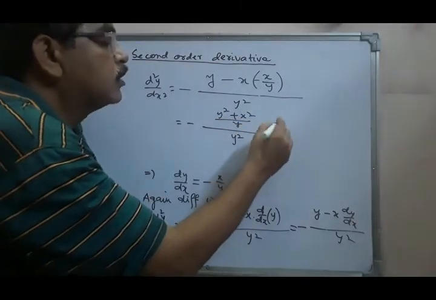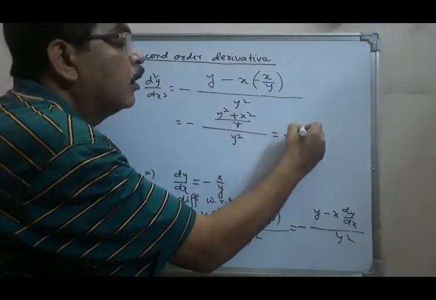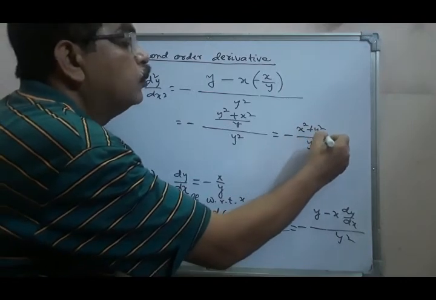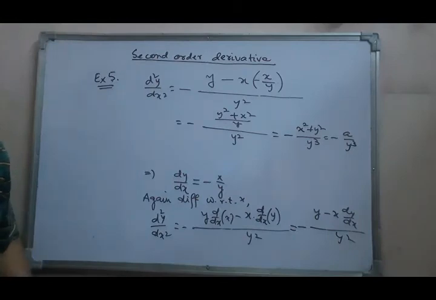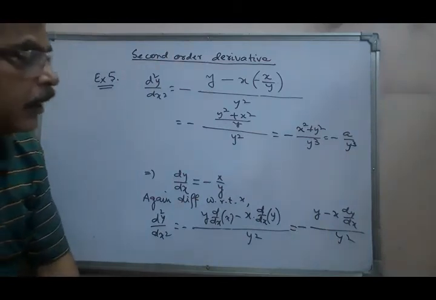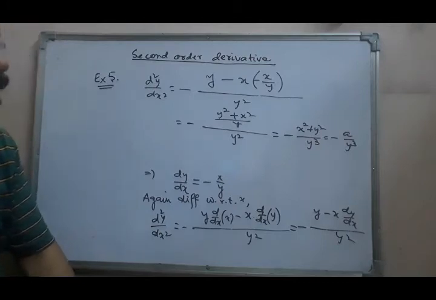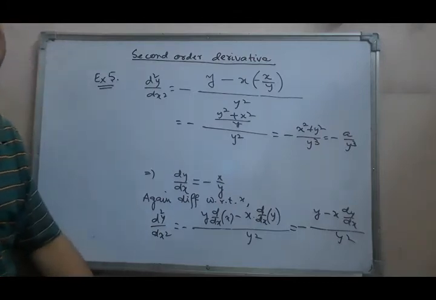So the final answer will be minus x square plus y square by y cube, that is minus a square by y cube, because it is given that x square plus y square equal to a square. So final answer is minus a square by y cube.